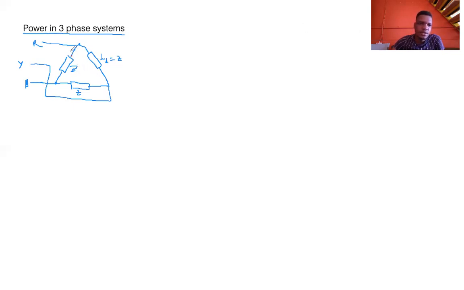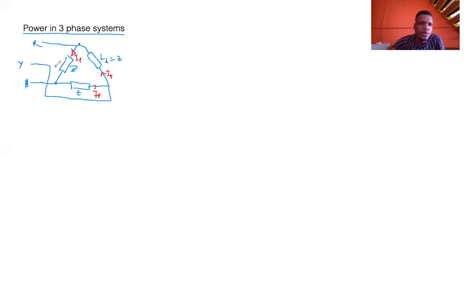The current here is flowing in this way. That's a phase current. Since it's balanced, our phase currents are going to be common. Another one is flowing this way, phase current also, and then the other one is flowing this way, phase current.